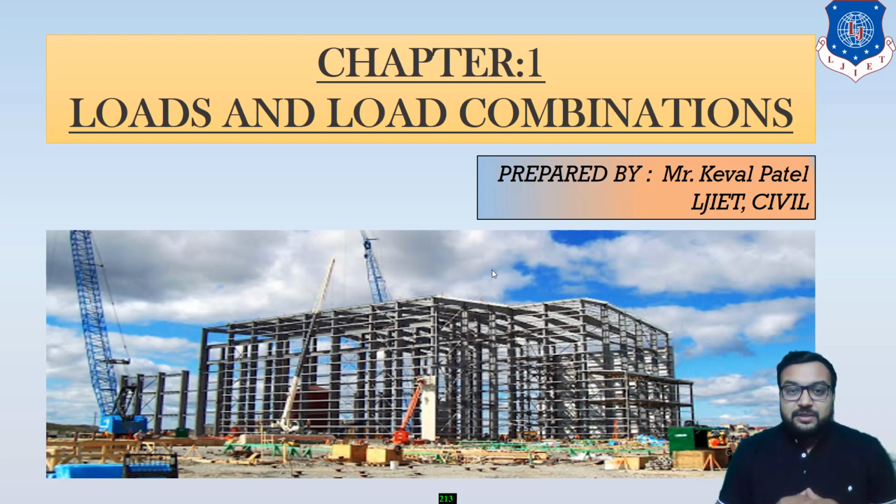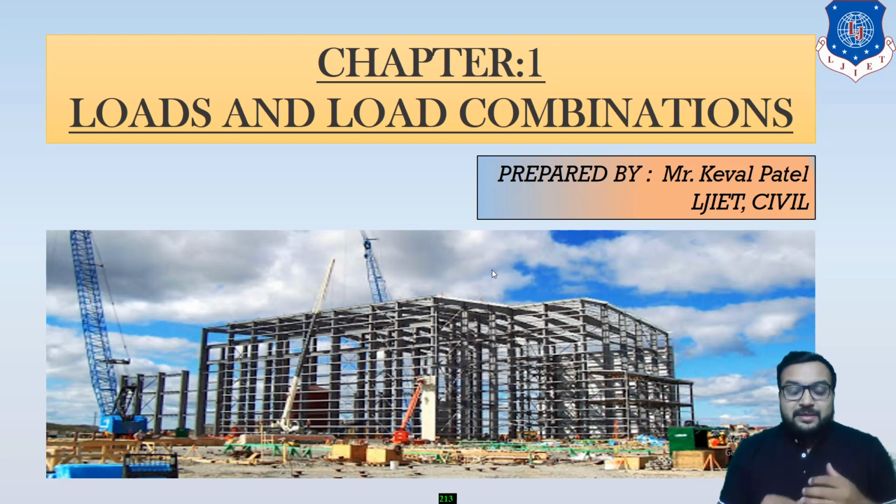In the first theory we discuss types of load, and you all know that there are a number of loads like dead load, live load, wind load, earthquake load, snow load and impact load, and other secondary effects like crane loads, accidental loads and fire load.